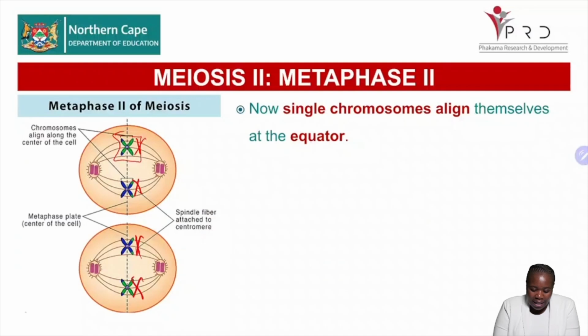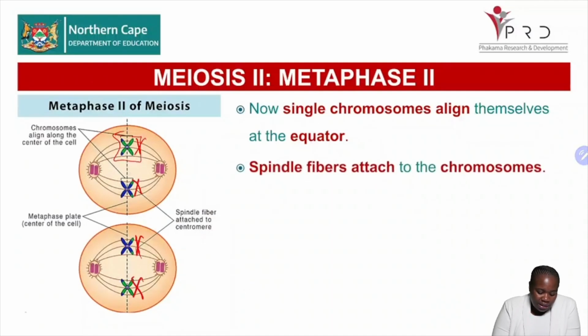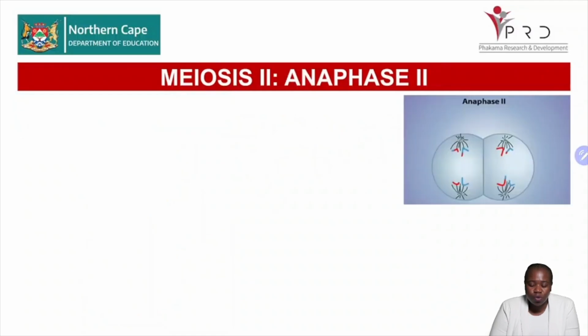Now they are going to be aligning singly and randomly, meaning that it doesn't mean that this chromosome has to have the mixed segment on the left or on the right, or all the chromosomes having the mixed segment on one side. It is just going to be a mixture, and that means that when the two new cells are formed, it is going to be random as well, leading to a mixture of genetic material here.